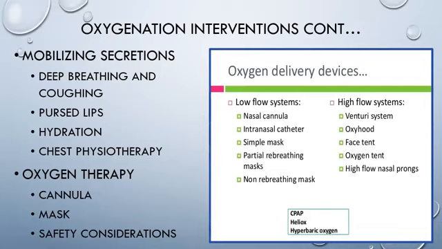Those are your high flow systems. That's why it's important for you to review that table, because you need to know how many liters of oxygen can go through each mask or delivery method, so that you know what to apply to your patient. Typically, you as a nurse are going to be the one fetching it from the storeroom and applying it, so you want to know what to do.